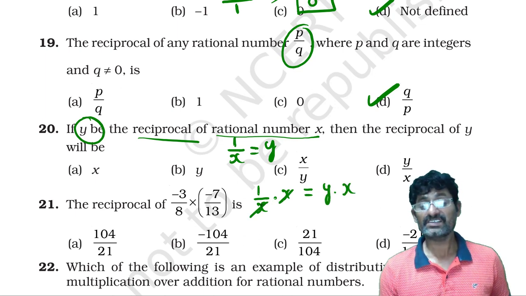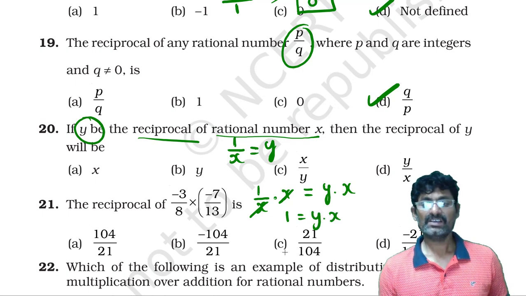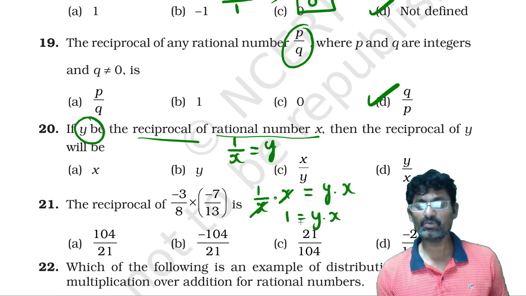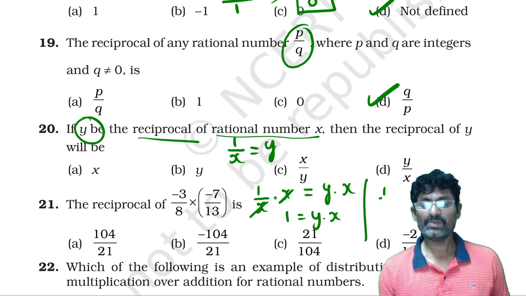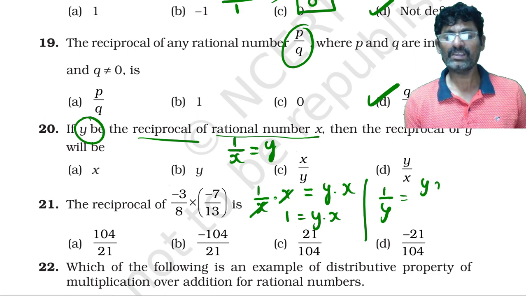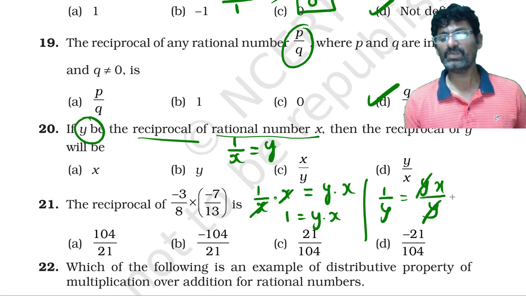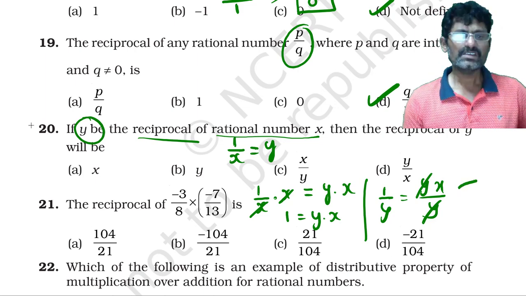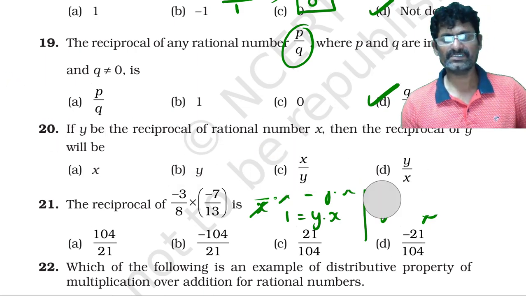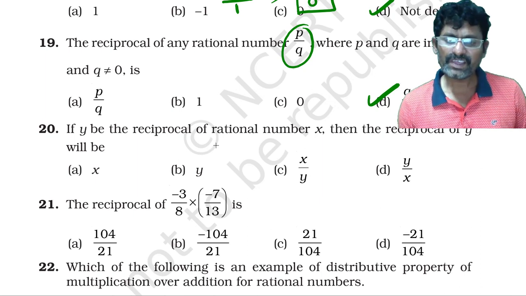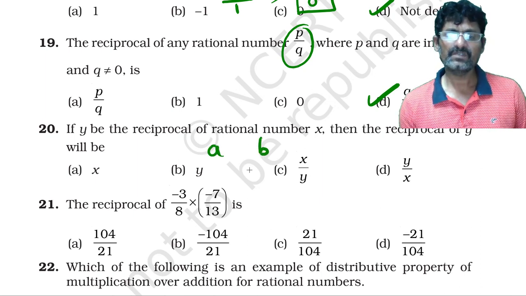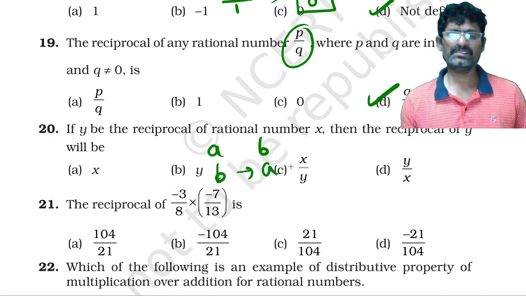So x and x get cancelled, so 1 equals y times x. Now the reciprocal of y means 1 by y. So divide both sides by y. So 1 by y equals yx by y. So y and y get cancelled, so 1 by y equals x. Instead of doing all these things, if a is the reciprocal of b, then b is also the reciprocal of a. That's it.